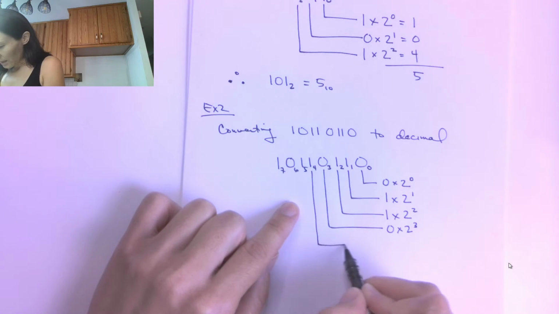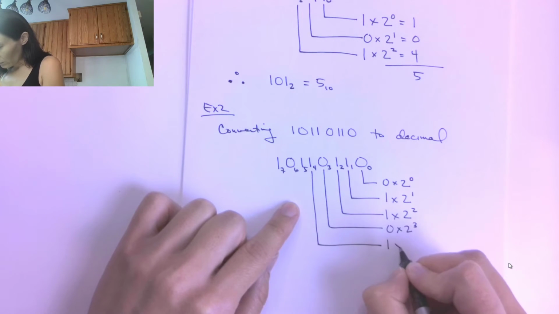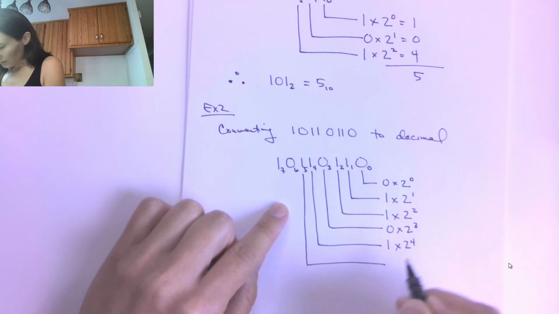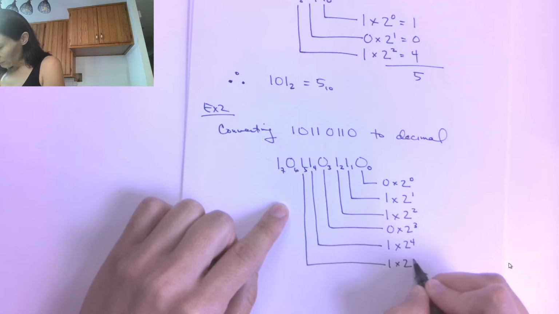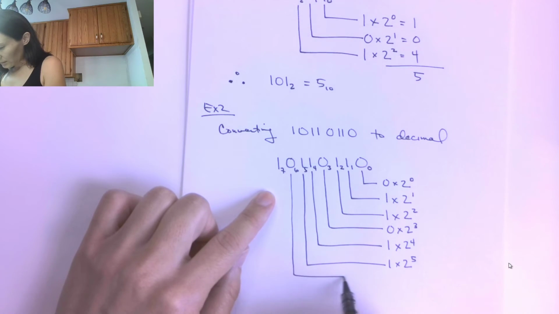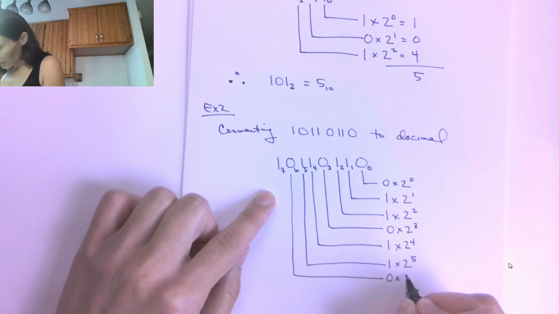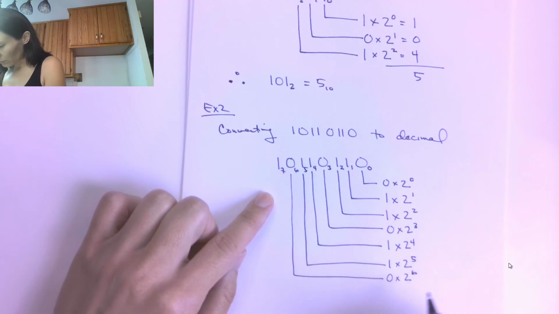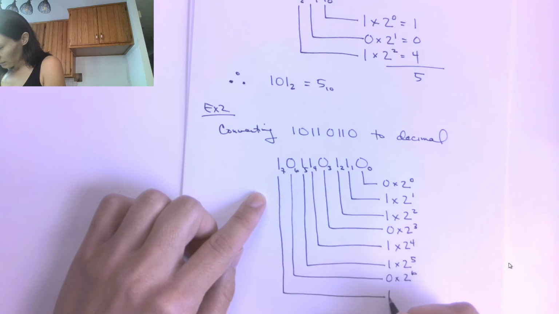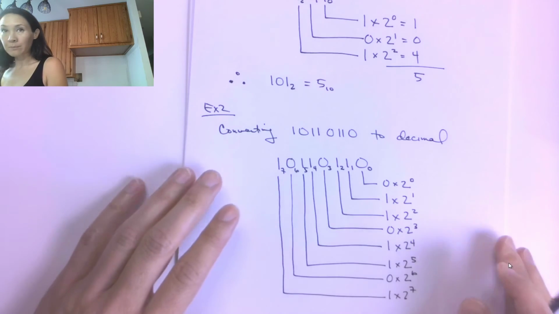This 1 has a subscript of 4, 1 times 2 to the 4th. This one here has a subscript of 5, so we do 1 times 2 to the 5th. This 0 has a subscript of 6, so we multiply by 2 to the 6th. And this 1 has a subscript of 7.